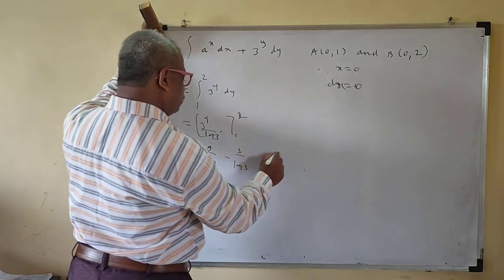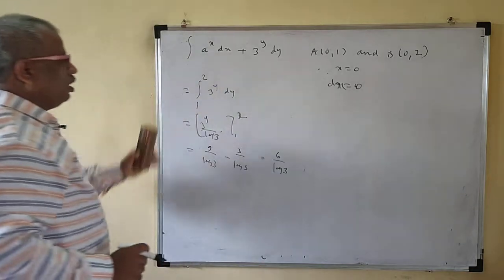You are integrating this, so it is upon log 3. So this is 6 upon log 3. Okay, this will be your answer.